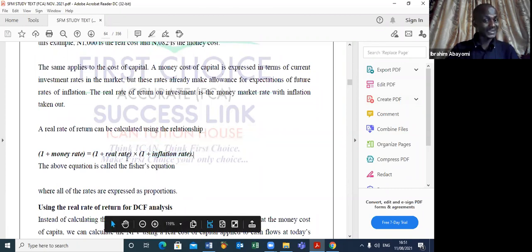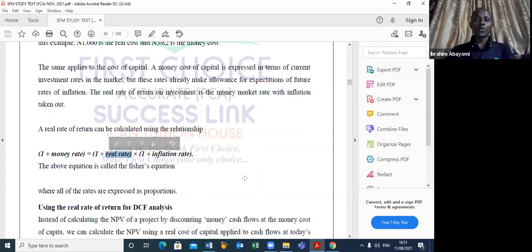The inflation rate here is not specific, it's the general inflation rate. That is Fisher's equation.